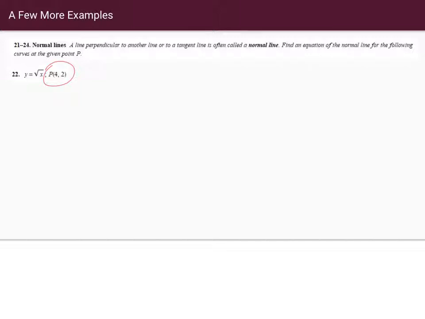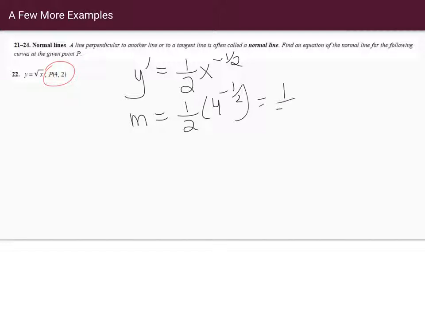Okay, so let's check your work. First thing I need to do is find the derivative of my function. Since y equals the square root of x, y prime will be 1/2 times x to the -1/2 power. To get my slope, I need to plug 4 in for x. So 1/2 times 4 to the -1/2 power, or 1/2 times 1 over the square root of 4.